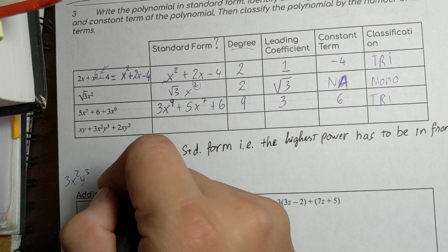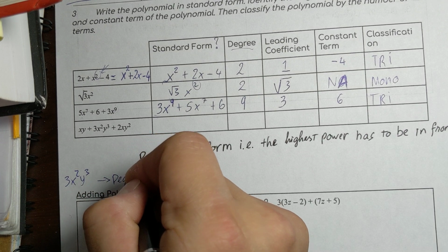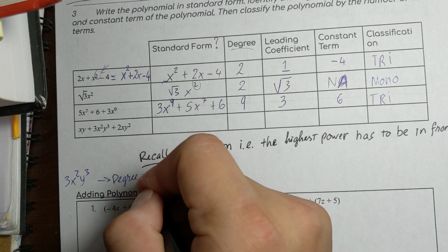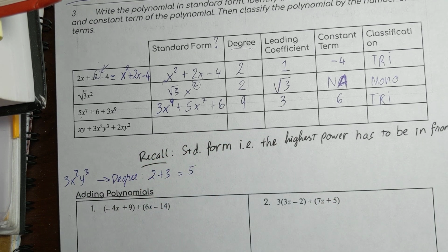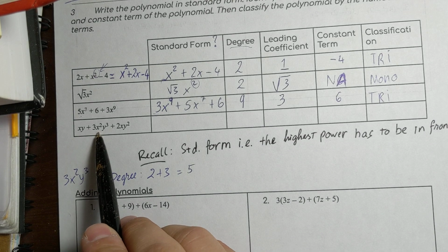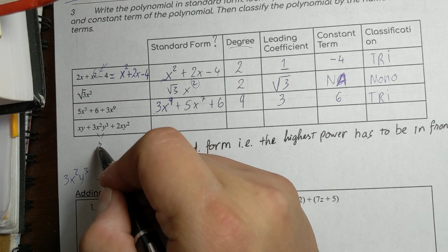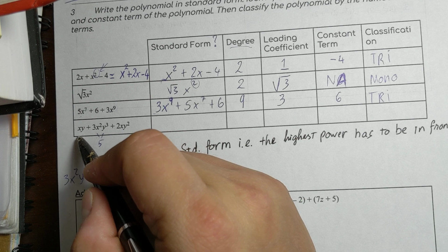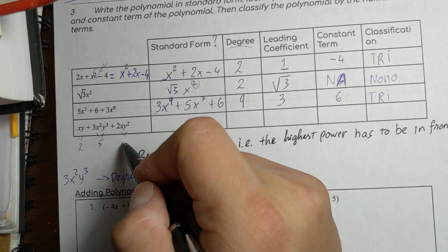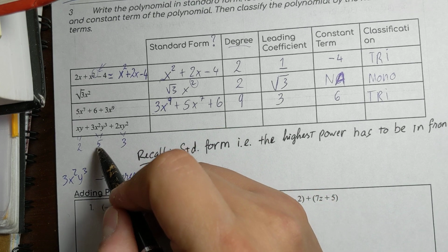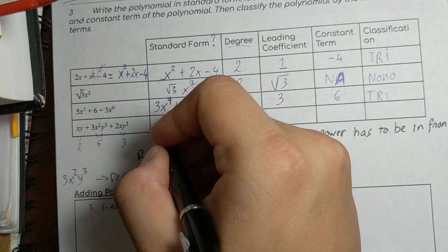So in this case here, the degree of this fancy term has to be 2 plus 3, which is going to be 5. So the degree of this is 5. The degree of these two has to be 2. The degree of these has to be 3. Obviously, this thing has to be in front. So we reorganize those.